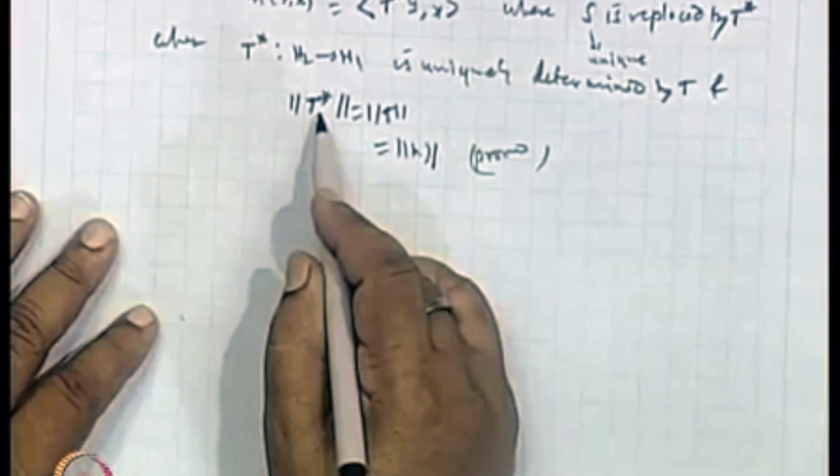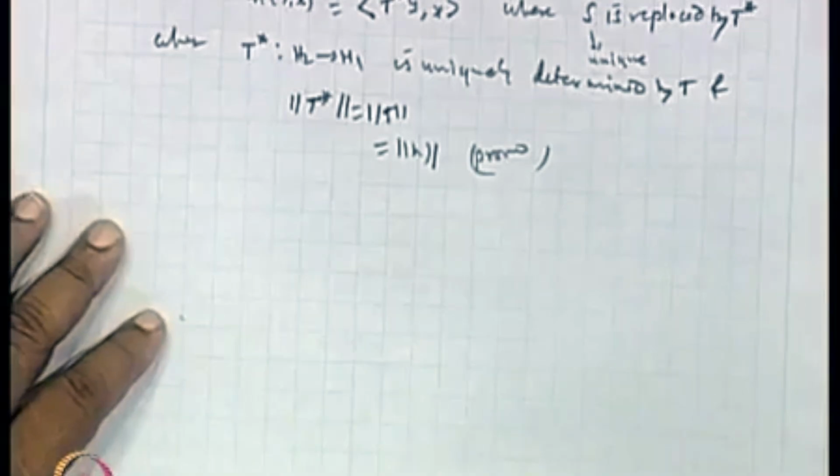So we are basically coming the reverse way. First we say that norm of T star is equal to the norm of H, and as we have proved, norm of H is equal to norm of T. So we are getting this because of this. This is proved.